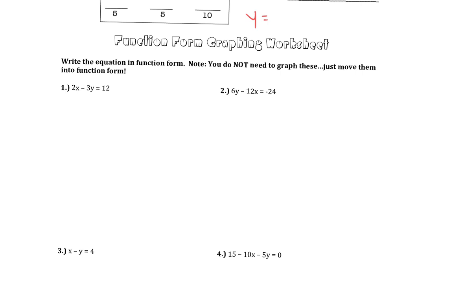So you're going to have y equals, and then something x plus or minus the constant. So it's y equals the x term and then the constant, or the term without the variable. So our goal is always to isolate y, to get y by itself.